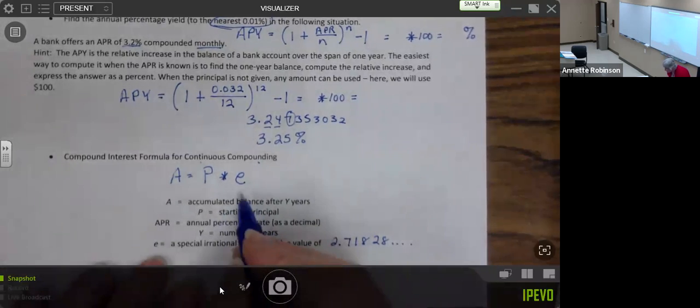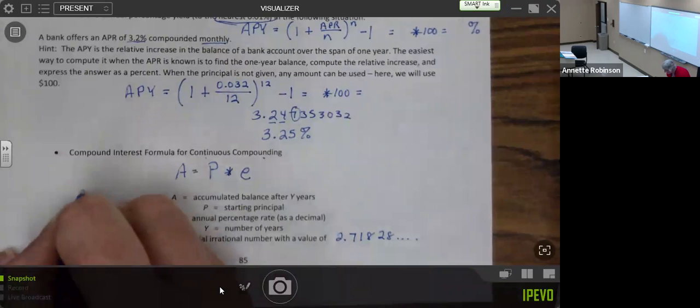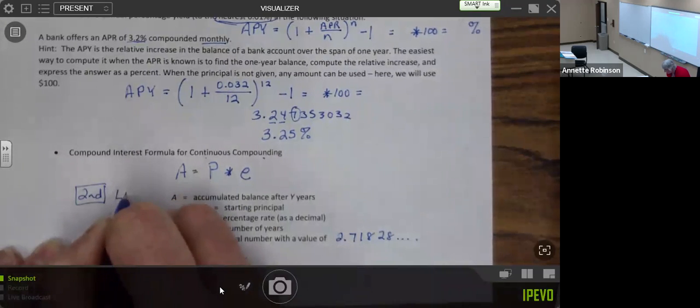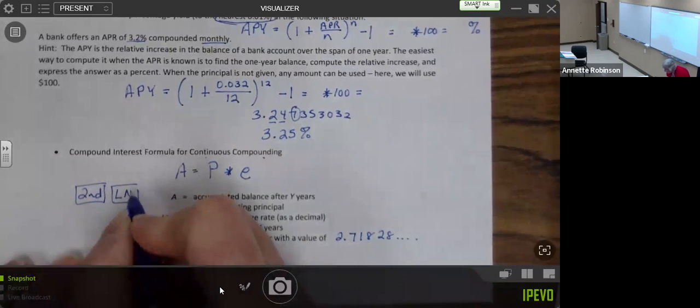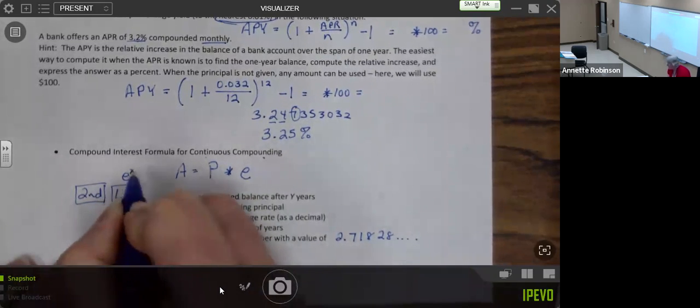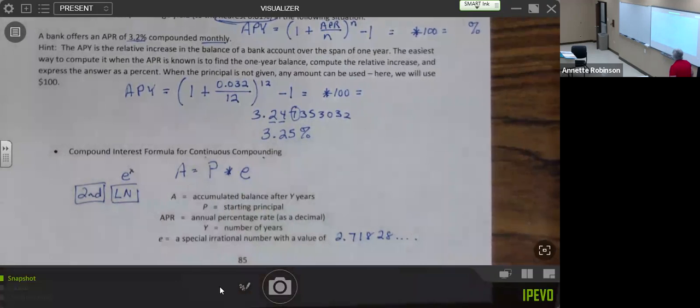It is on your calculator. You're going to hit second and a button on the left that's labeled LN. Above that, you should see e to the x ready to get its exponent. Isn't the division key also the same thing? Yes, the only thing is the division key doesn't have it prepared to take the exponent. That's the reason why I like my second LN, because it's ready for me to punch in the numbers of my exponent.